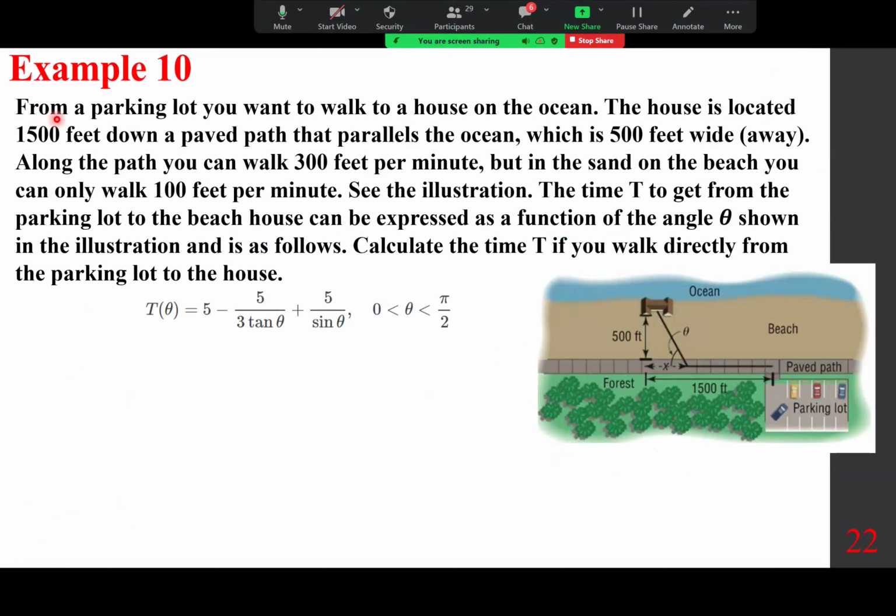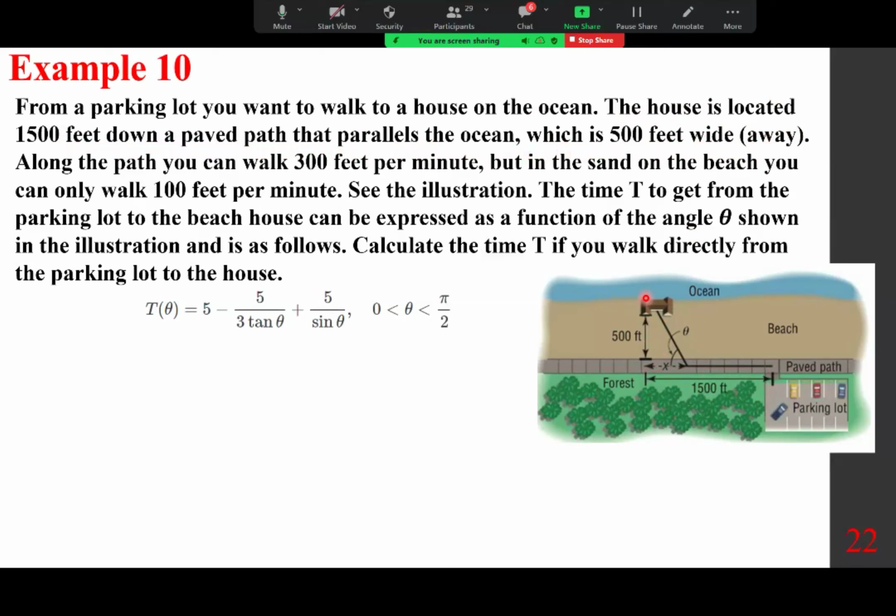Last example, example 10. From the parking lot, you want to walk to a house on the ocean. So here's the parking, and you want to go to this house, which is located 1,500 feet down a paved path. This is 1,500 feet. That parallels the ocean, which is 500 feet away.